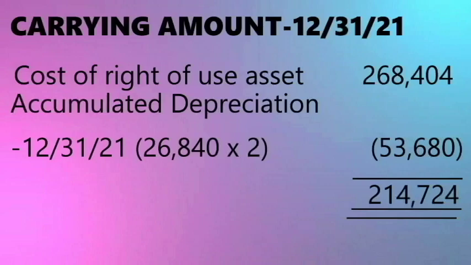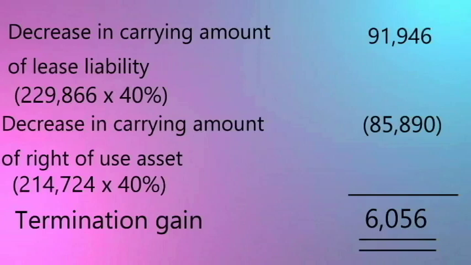So, 26,840 times 2 years, we will get 53,680. So 268,404 minus 53,680 is equals to 214,724.